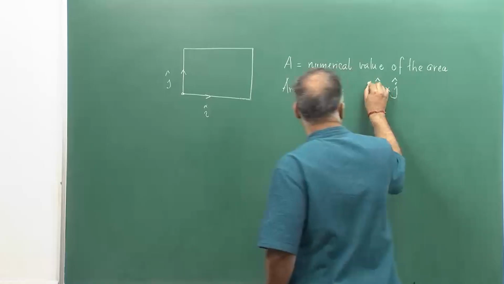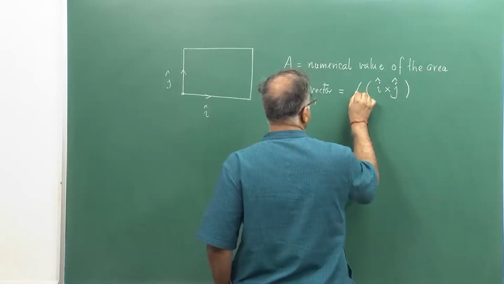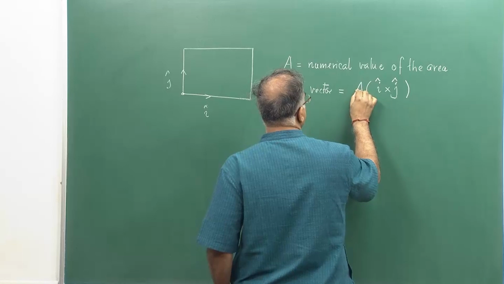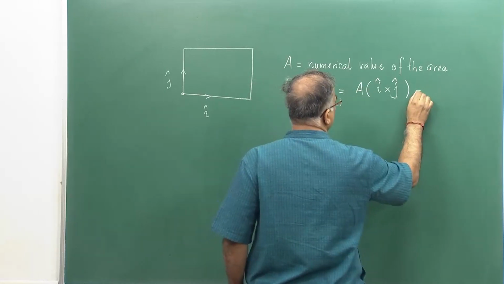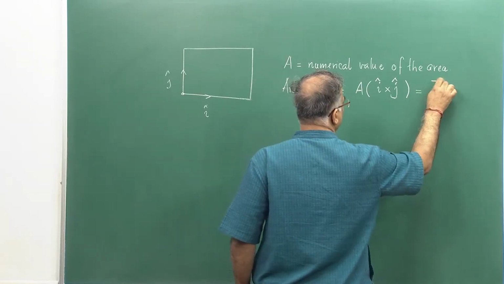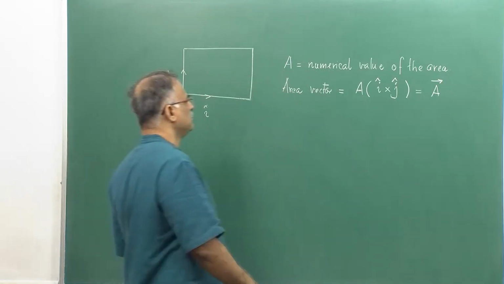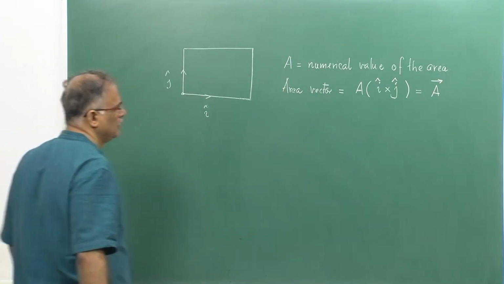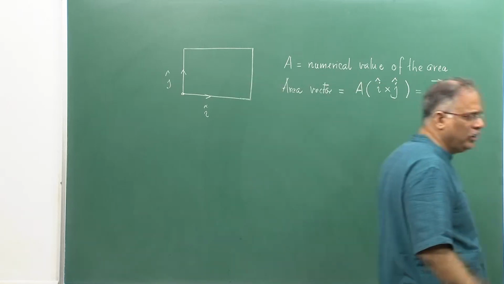And this i cross j vector, when it is scalar multiplied by the numerical value of the area, gives us what we call the area vector. So, we can use this idea.